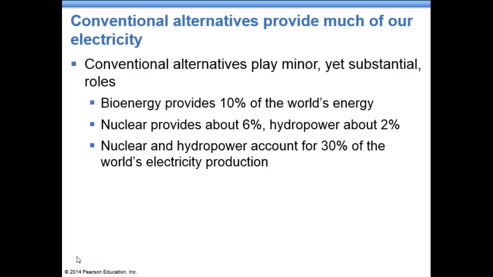Nuclear power provides about 6%, and hydropower provides about 2%. When we look at global contributions to our overall energy supply, they may appear minor, but alternatives to fossil fuels do contribute greatly to our generation of electricity. We see overall that nuclear energy and hydropower together are responsible for about 30% of the world's electricity generation.